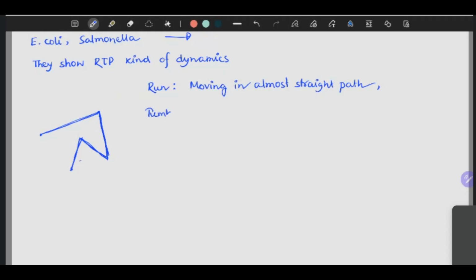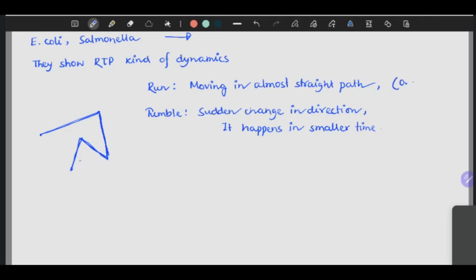Then the tumble is a sudden change in direction, and it happens in a smaller time. So let's say if the mean runtime is 0.9 second, the mean tumble time is 0.1 second.